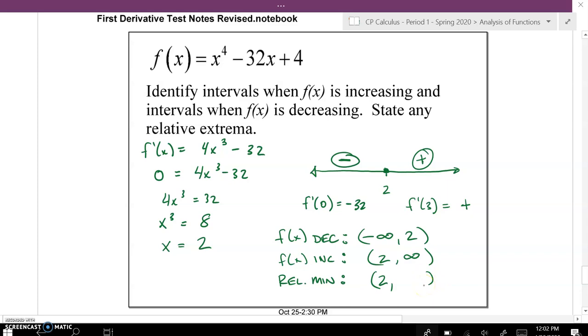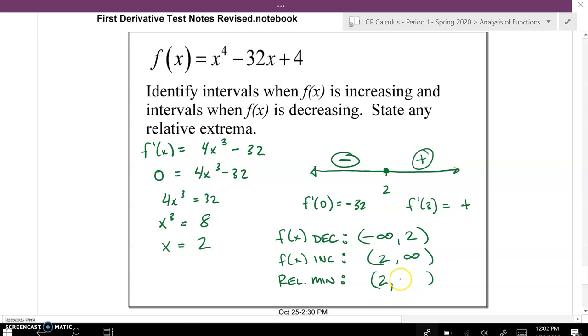What that something is, I get by plugging 2 into the original function, because the original function is where I'm finding these critical values, right? So I have to find that coordinate on the original function that's been graphed. I plug that in here: 2 to the 4th minus 32 times 2 plus 4. Again, calculator that.